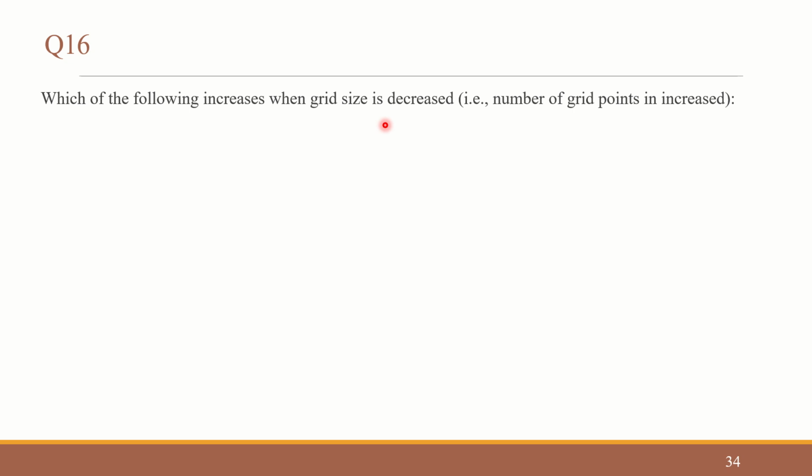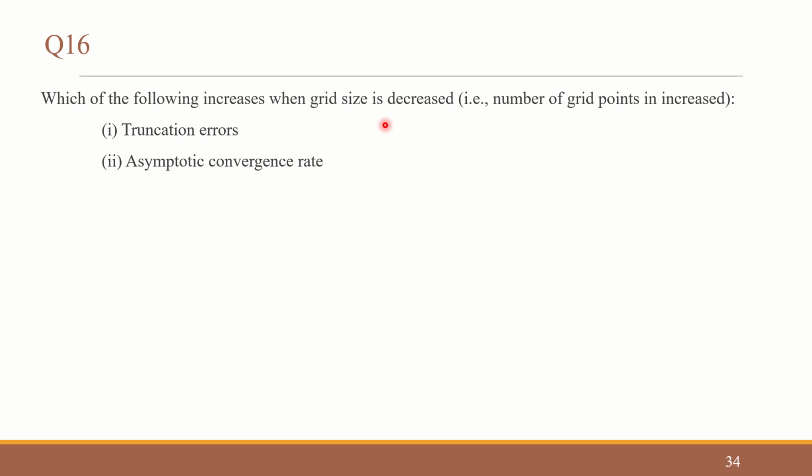So why do we go with grid size reduction, and which of the following increases when grid size is decreased? So first one, it is truncation error. Second one, asymptotic convergence rate. In the question it is asked which of the following increases when grid size is decreased.